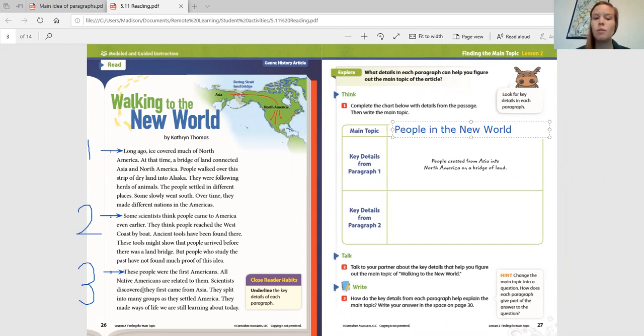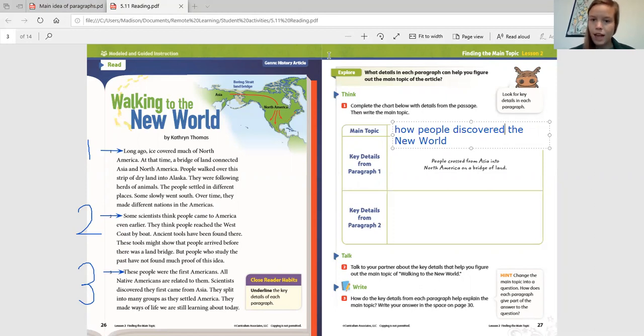So the whole time we were reading about this story, it had to do with the New World, so the Americas, and how about we put how people discovered the New World. That's a little bit better because it wasn't all about people living in it, but it was how they discovered it.